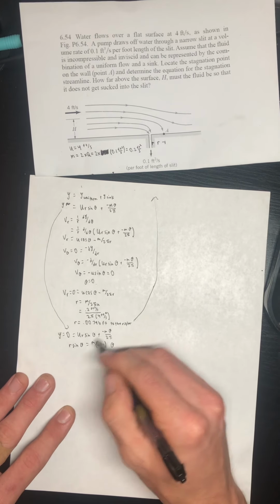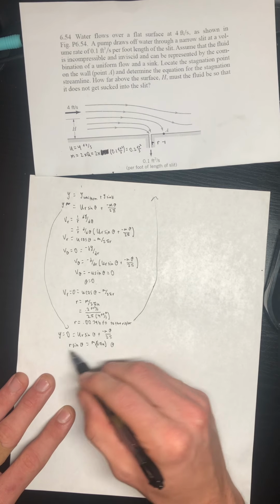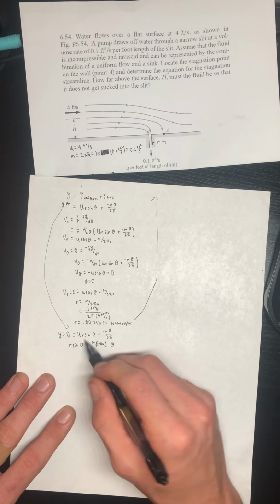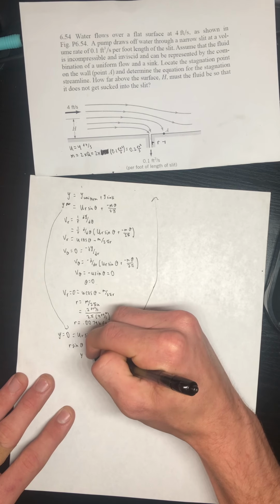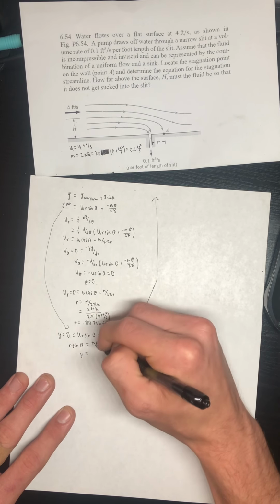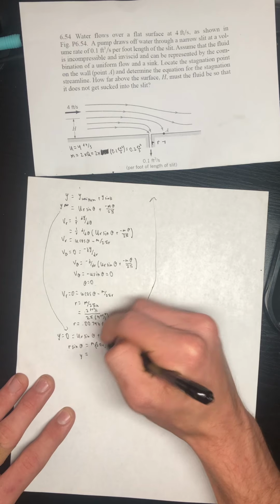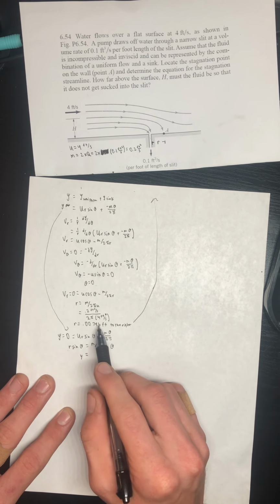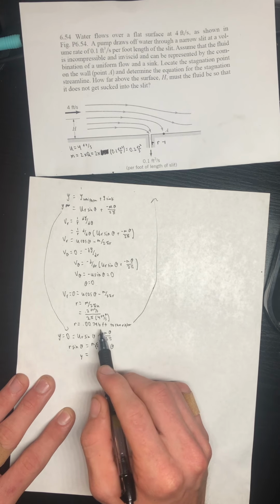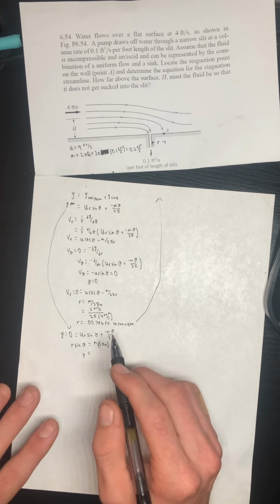So we have values for all of these, and we can also change over to polar coordinates. We can change that r sine theta to y. We can say y is equal to this number here, which is the same calculation that we did up here, 0.00796.